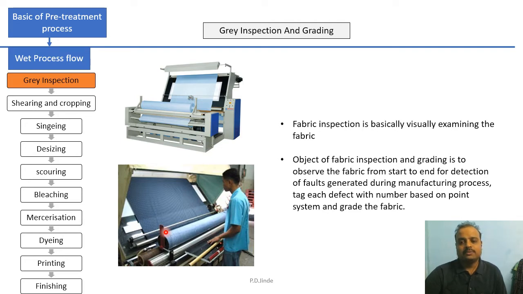Defects are inevitable, so they are likely to come. Give a number to each defect, and at the end grade the fabric according to the addition of these numbers. So fabric inspection is done to find out whether the fabric is of first quality, second quality, or doesn't have any kind of quality. So this is the grey inspection objective.